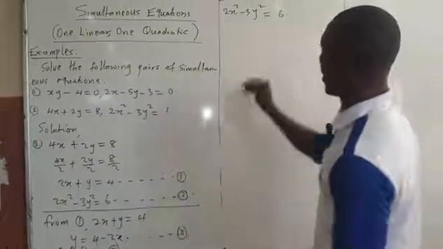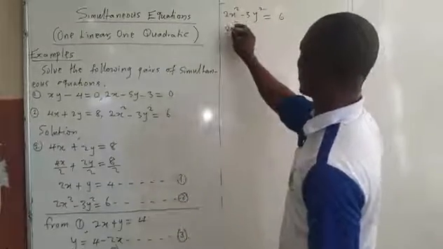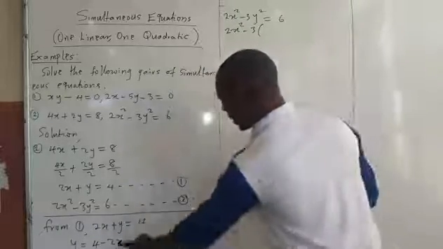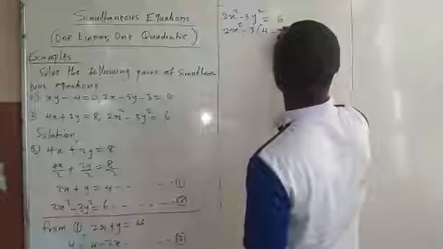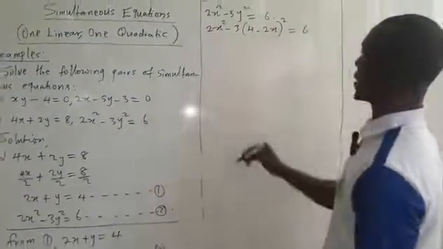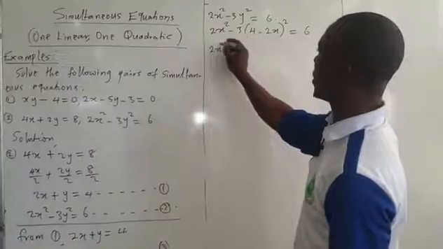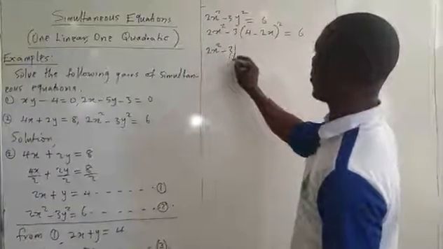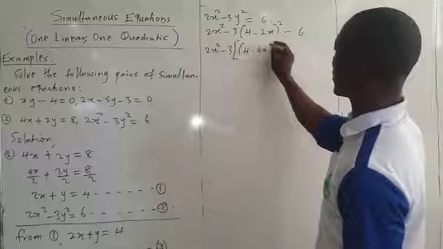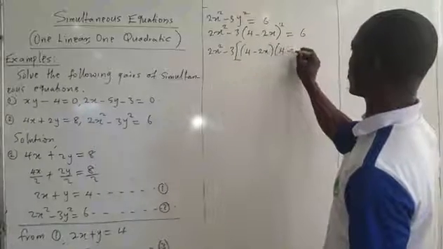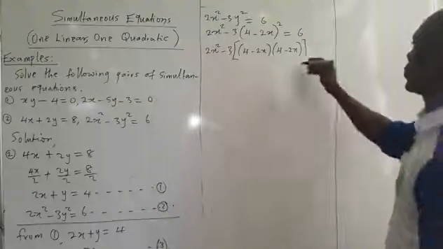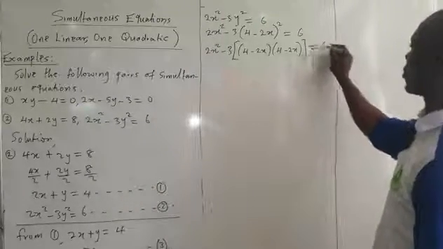And x squared is still x squared, minus 3 into the value for y, which is 4 minus 2x, then we square it, equals 6. So we now have 2x squared minus 3 open bracket, 4 minus 2x, 4 minus 2x. So we write this 2 times because of the power of 2 here. So to open the bracket, which equals 6.